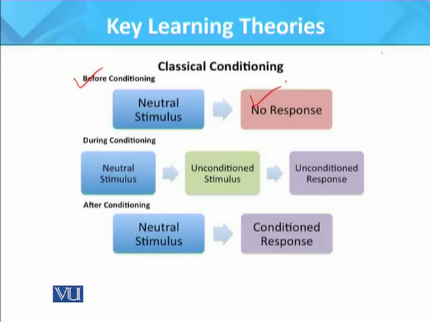The neutral stimulus can be a person, object, place, and in classical conditioning does not produce a response until it is paired with the unconditioned stimulus.